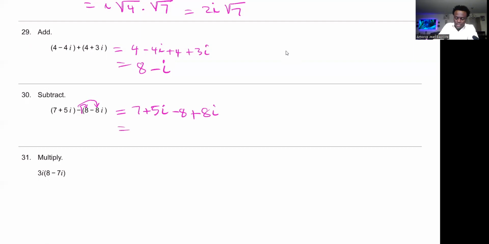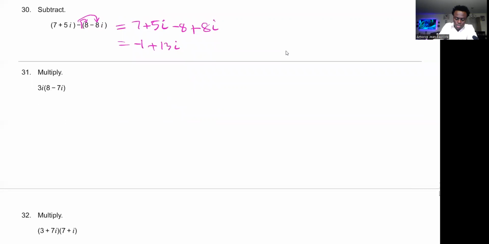So combine like terms: 7 minus 8 is negative 1, plus 5i plus 8i is 13i. That's it.